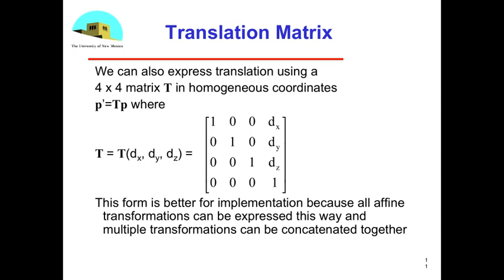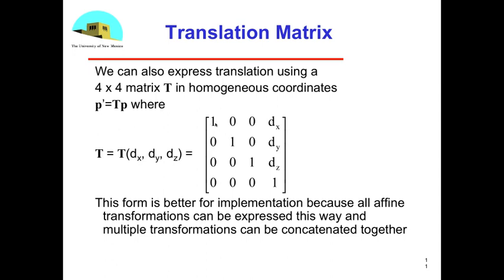If you have that representation, then look at this matrix. It's got 1s down the diagonal and the displacement components are over here on the right. So look at what happens when I multiply this by the representation of p, a column matrix x, y, z, 1. The first component of the result would be x times 1, which is just x, 0 times y, 0 times z, plus dx times 1, because that was a point.